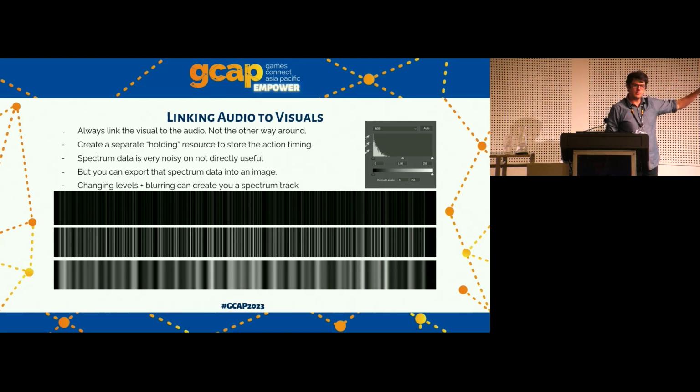Then you go through and you blur it. And it will begin to blur those centers together and you get this texture here. Now that texture, you may not realize it is the same as the original spectrum data, but it's been smoothed and evened out into something that will be a much closer approximation for what that noise is. So let's say hypothetically, you were trying to link the sound of like a boulder falling or something bouncing, and you wanted to link it to a texture.